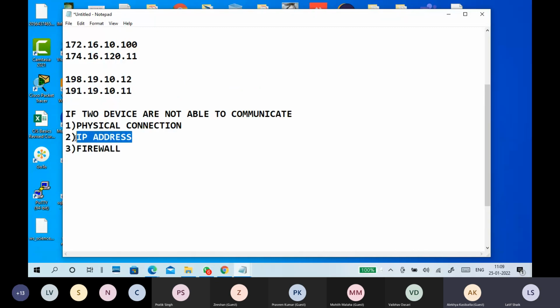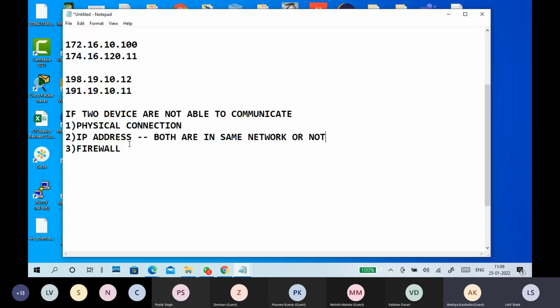So IP address means you have to check whether both are in the same network. Same network means the same logical network, or not.